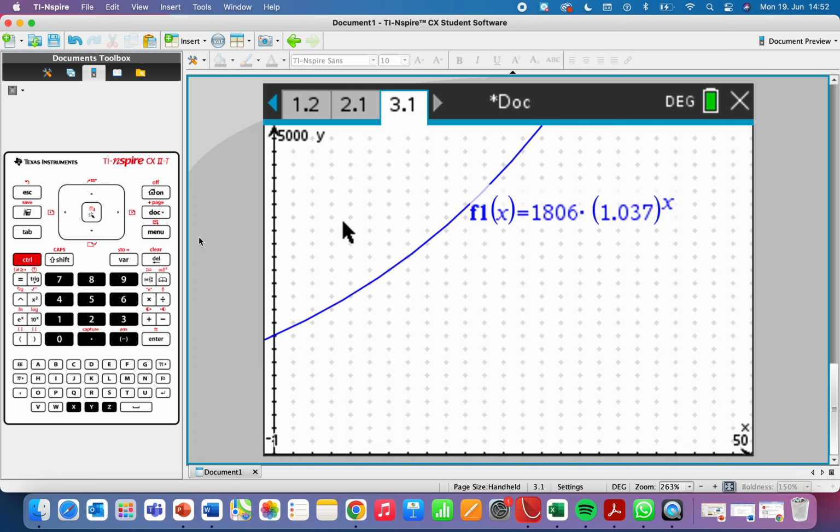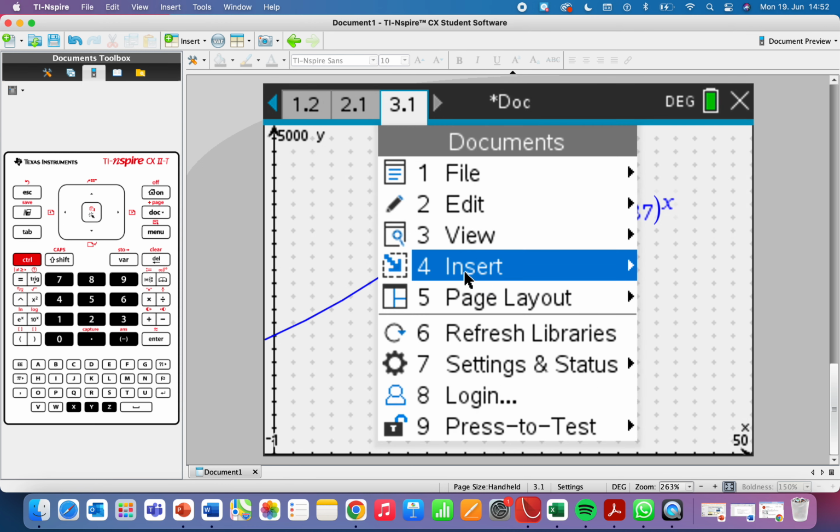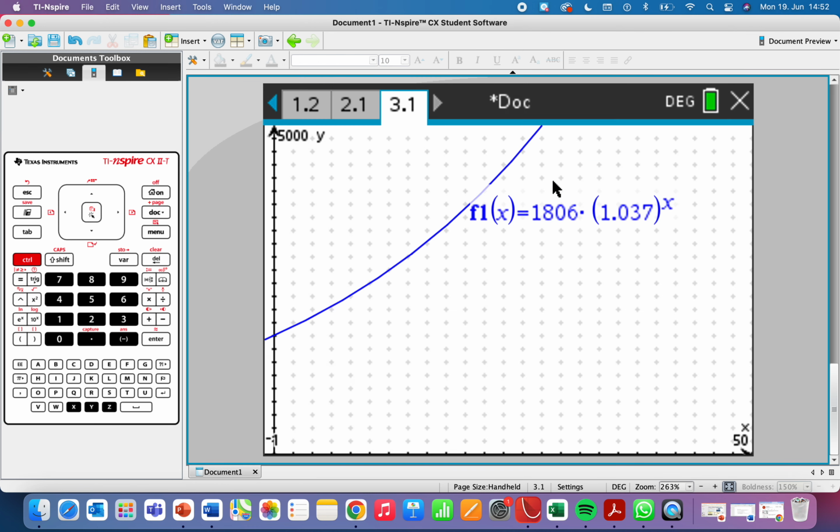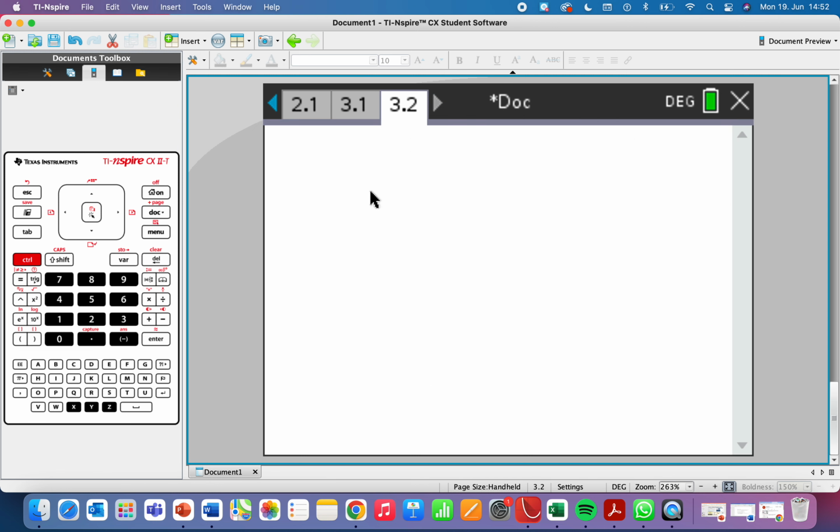All right, let me go doc. Let me insert a calculator page. Now, this function is called F1. Watch the magic. If I type in F1, can you see how it goes bold? And if I type in 0, we've seen the answer before, right? This is, what is the function worth at time value 0?